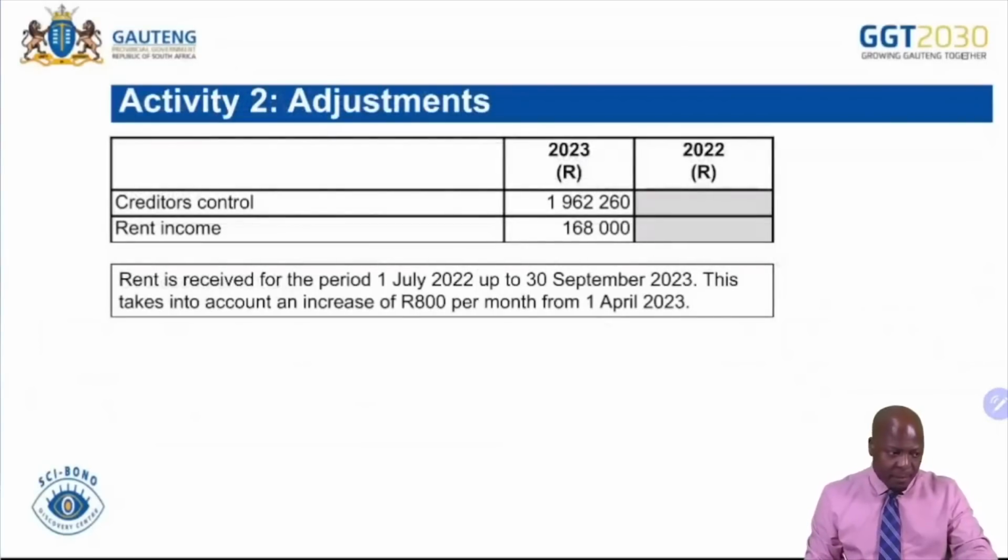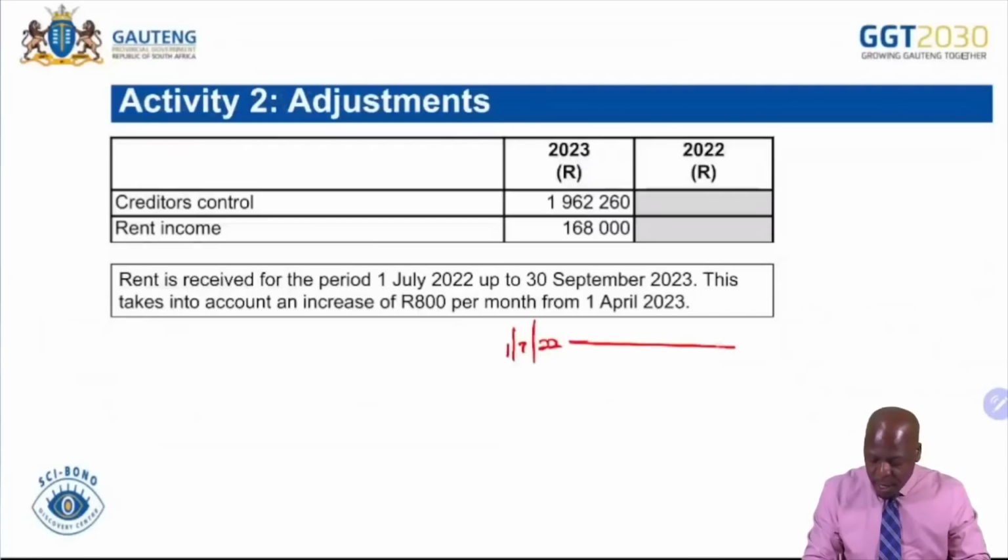And the next one says, rent is received for the period 1st July to 30 September. Remember, 1st July is the beginning of the financial year 2022, and the financial year is supposed to end on 30 June 2023.